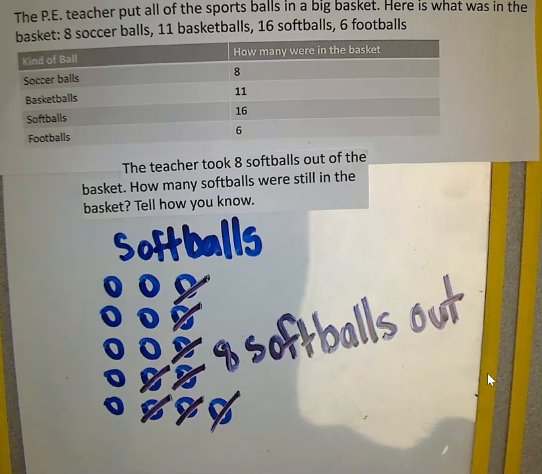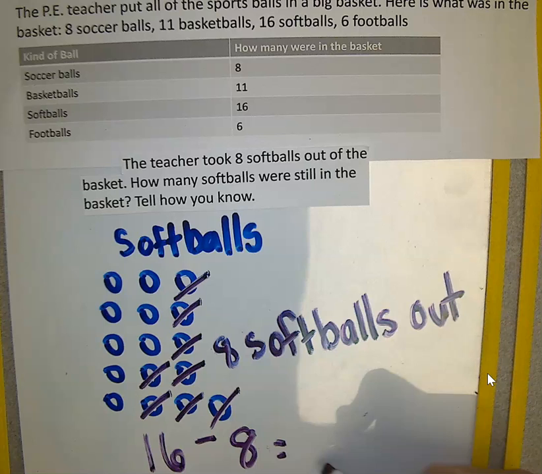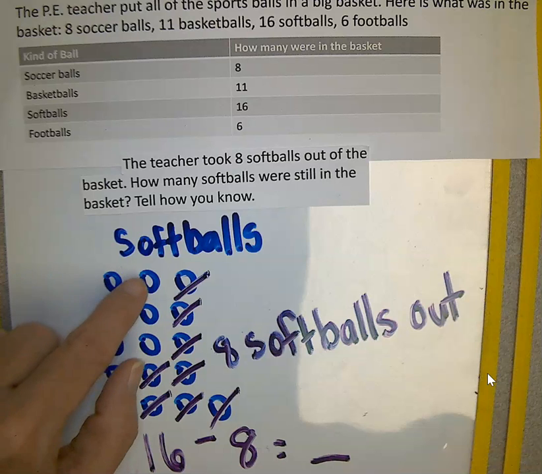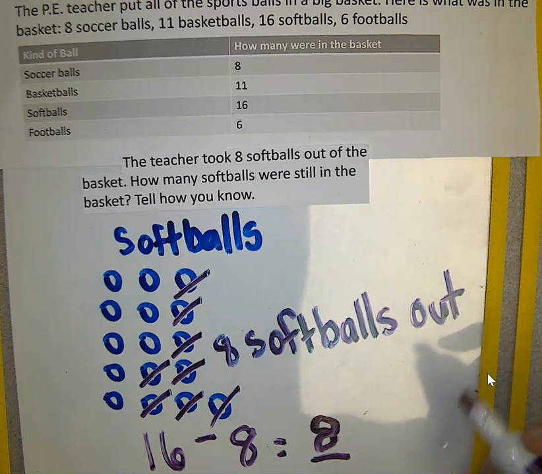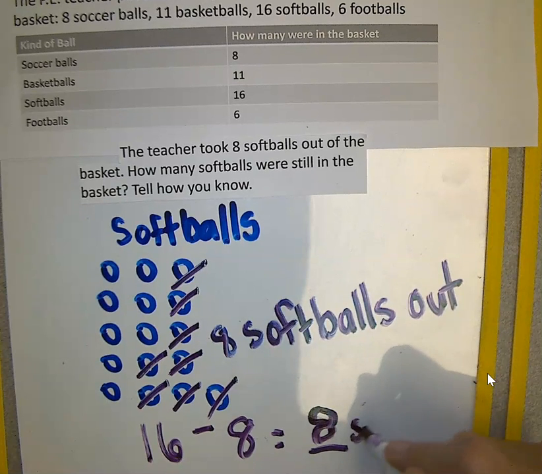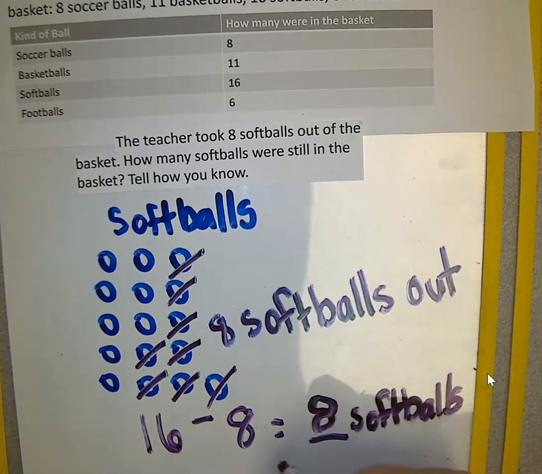Okay, so if we started with 16 and we took 8 softballs out, how many were we left with? Let's count. 1, 2, 3, 4, 5, 6, 7, 8. There were 8 softballs still in the basket.